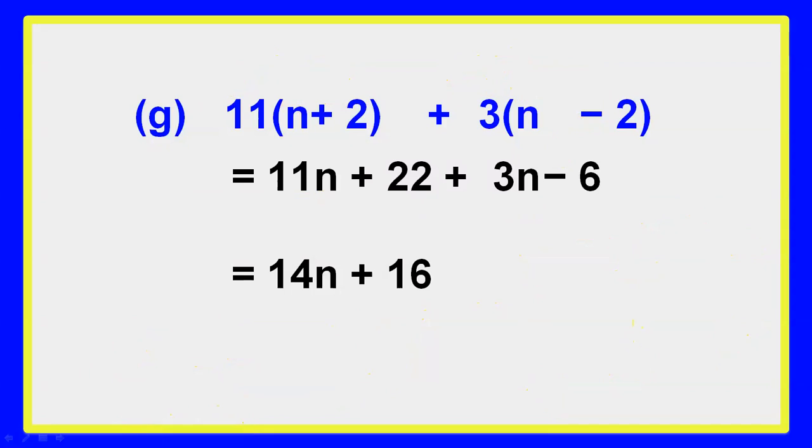Okay? Okay. So when I'm going to expand these brackets, again I'm collecting different like terms and different unlike terms. Some are like, some are unlike. What are the like terms? Those belonging to one family, definitely. 11 and plus 3 becomes 14, while 22 minus 6 becomes 16.